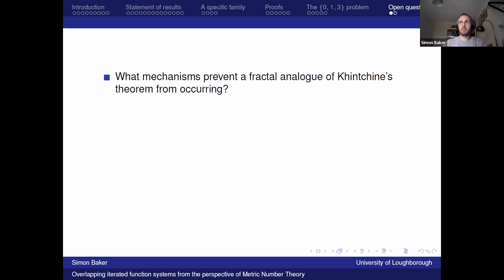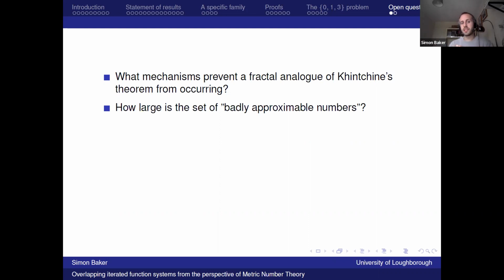We saw that for this family, for which we can be very precise, we see differing degrees of Khintchine behavior, but we're still seeing some sort of degree. I'd be very interested in a statement which went along the lines of, for a general family of iterated function systems, in particular maybe for the Bernoulli convolution, you either have an exact overlap or you see some weak type of Khintchine behavior. I'd be very interested if a statement like this were true.